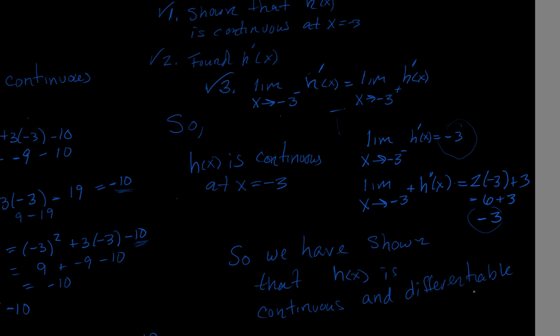We've specifically shown that it's continuous and differentiable at x equals -3, but since we know that those functions, which define its pieces, are continuous and differentiable everywhere else, we've really shown that this function is continuous and differentiable everywhere.